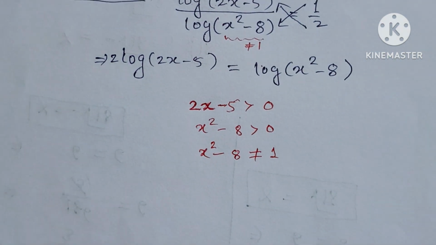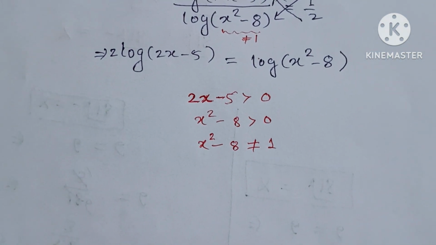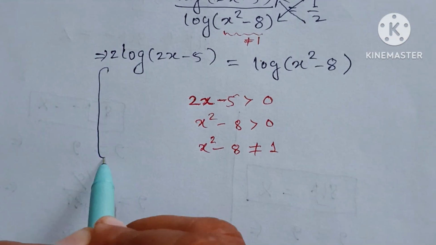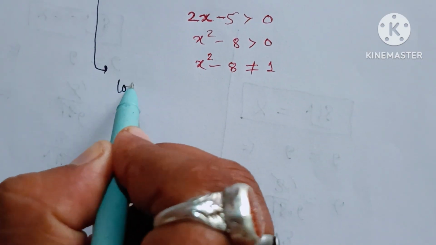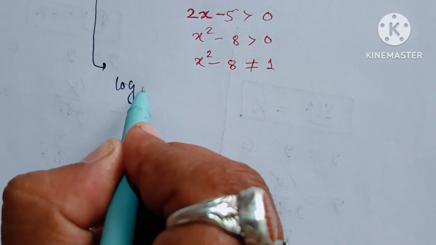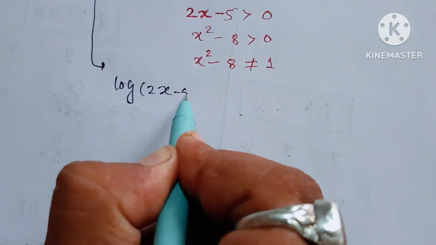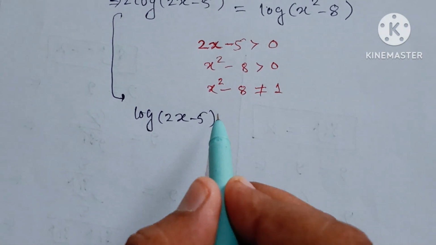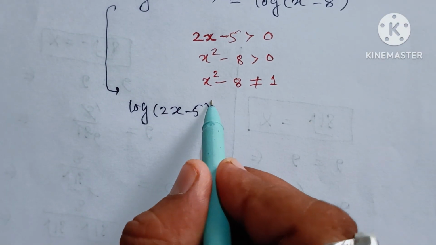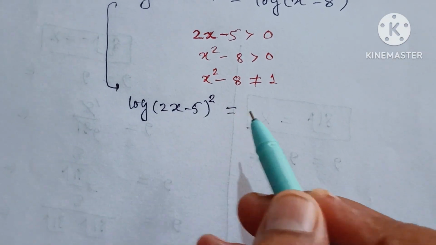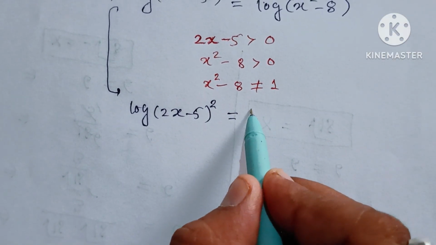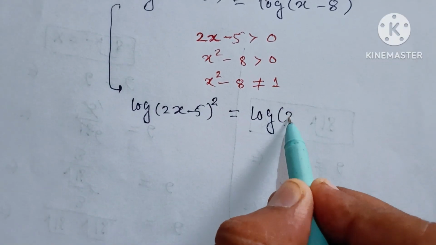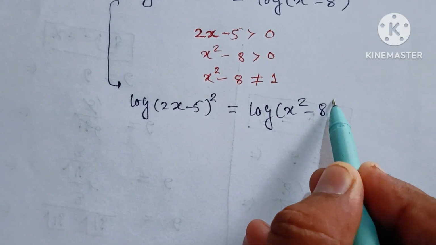Okay, so now we can solve. Log of 2x minus 5 raised to the power 2 is equal to log of x square minus 8.